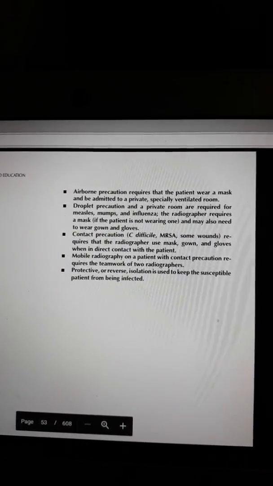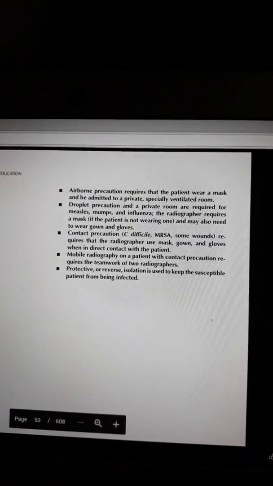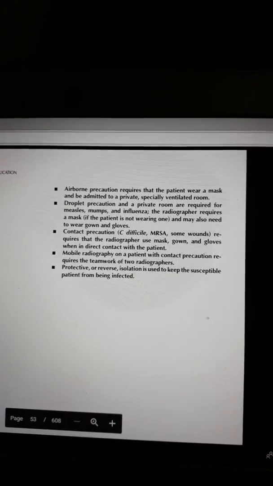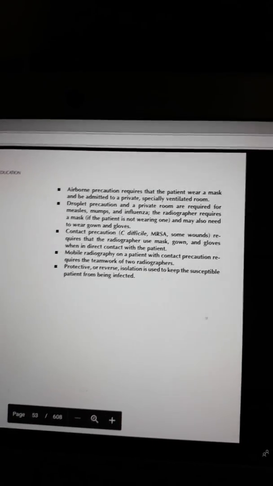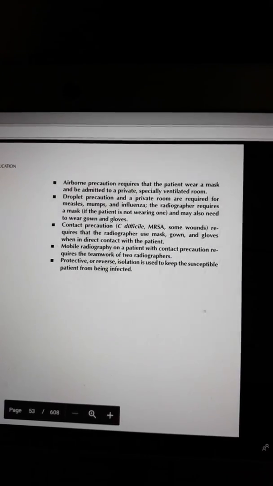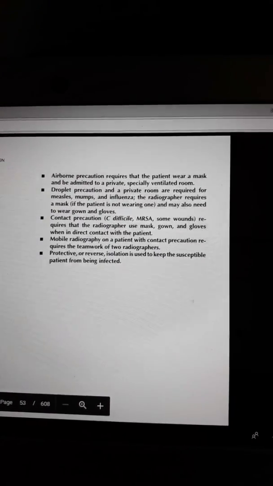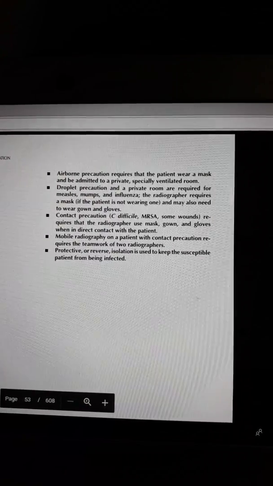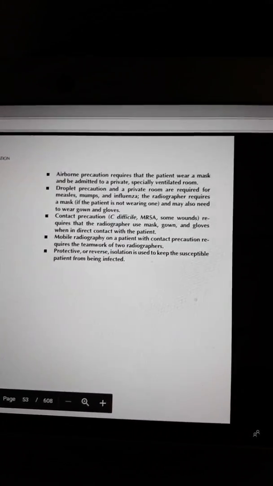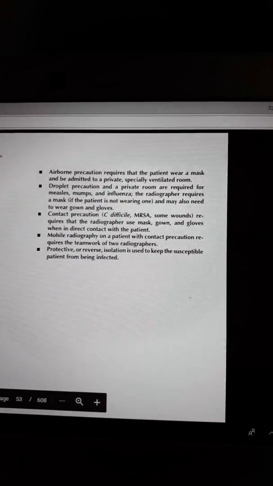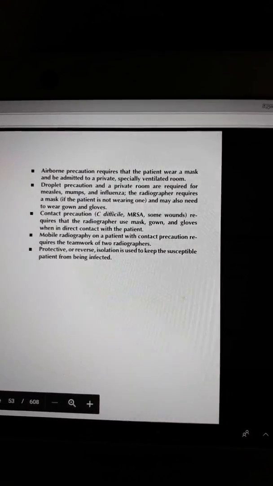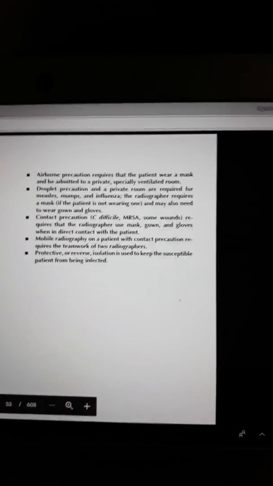The contact precautions require that the radiographer use mask, gown, and gloves when in direct contact with the patient. Mobile radiography of a patient with contact precautions requires the teamwork of two radiographers. Protective or reverse isolation is used to keep the susceptible patient from being infected.